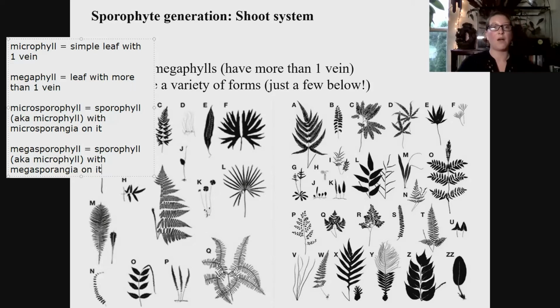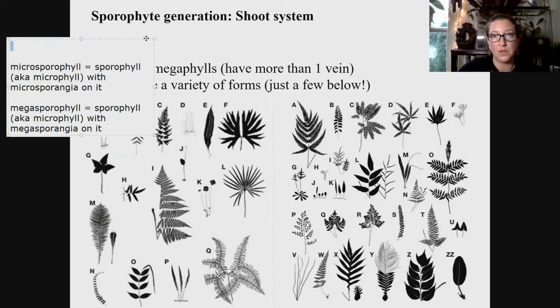The reason I'm pointing this out is that for these two here, microphyll and megaphyll, that's the only time where micro and mega does not refer to male and female. Every other time you see micro and mega, it refers to male and female. So that's why I'm pointing that out. It can be a little confusing.